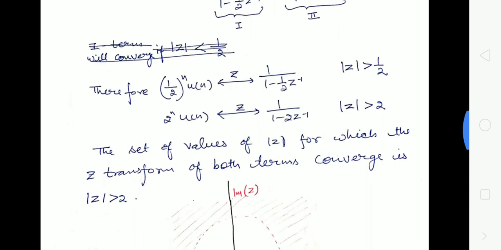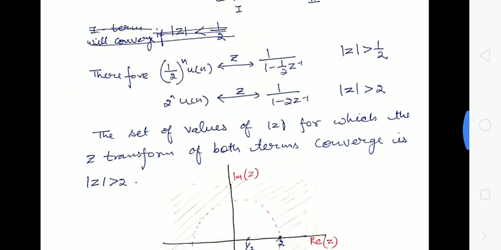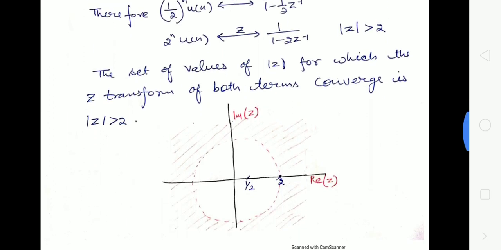As we have seen in the properties of ROC, if the sequence is right sided and infinite in duration, then the ROC will be the outside of the outermost pole. First pole is 1 by 2 and second pole is 2. Then the outermost pole is 2.